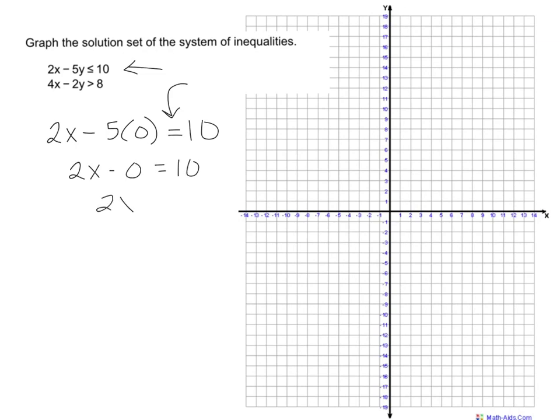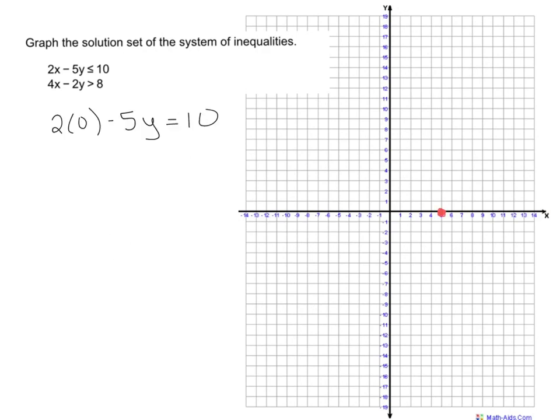So then I have 2x equals 10. Divide both sides by 2, and you get x equals 5. So that means the x-intercept is (5, 0). So I'm going to go ahead and plot this on the graph. And (5, 0) is right there.